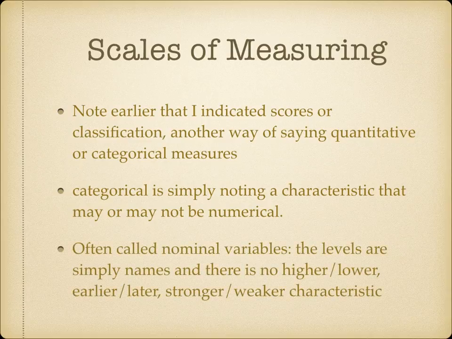Nominal variables don't have the characteristic of higher, lower, earlier, later, stronger, weaker, or anything like that that might somehow classify one relative to another beyond the simple description of different. And so when we say categorical variables, we also might use the term nominal variables, and those terms are virtually interchangeable.